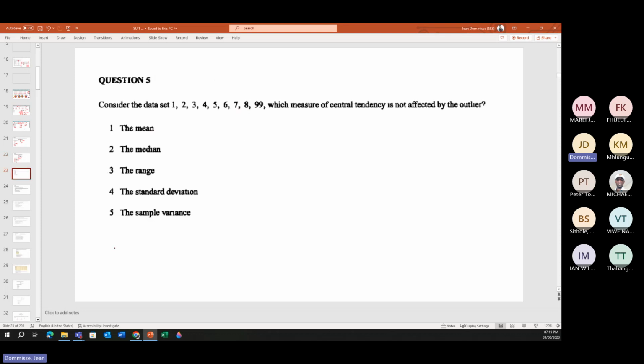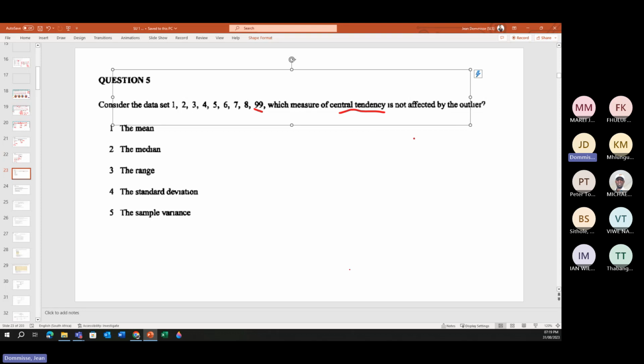Okay, let's look at the next one, and we'll end off probably with a number one after this. So consider the data set 1, 2, 3, 4, 5, 6, 7, 8, and 99. Which measure of central tendency is not affected by the outlier?